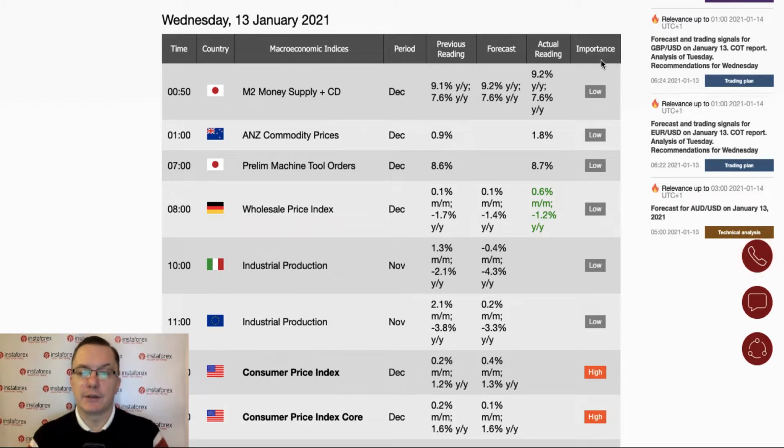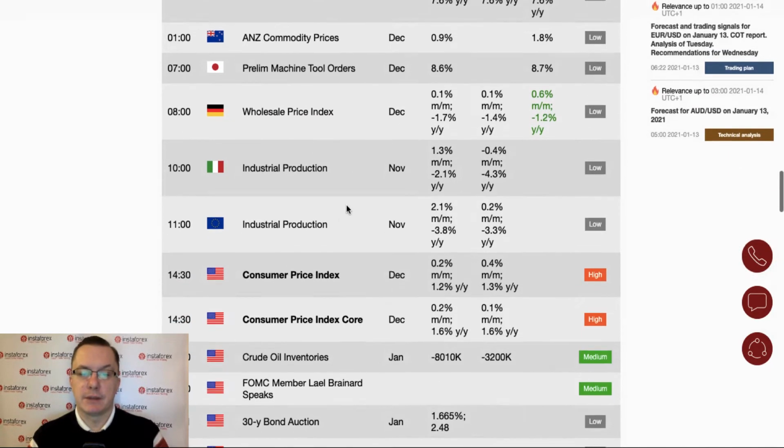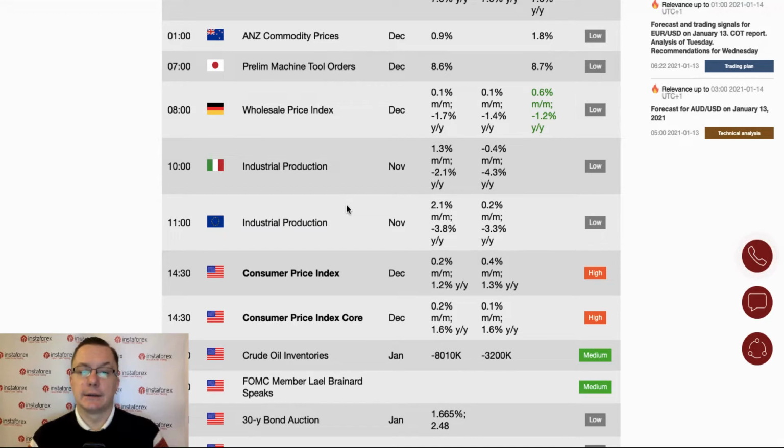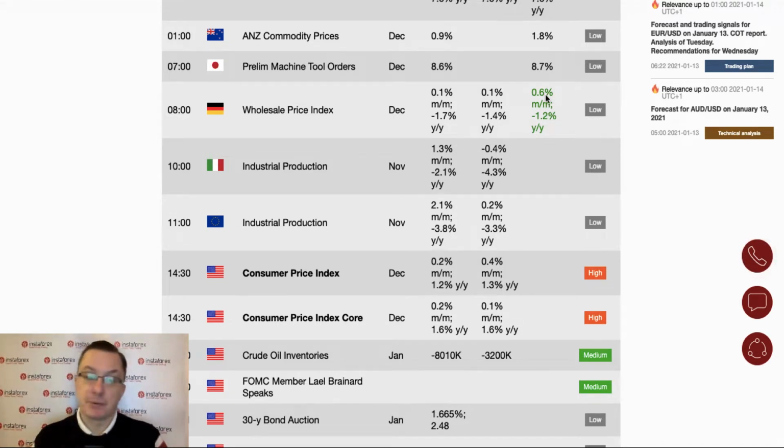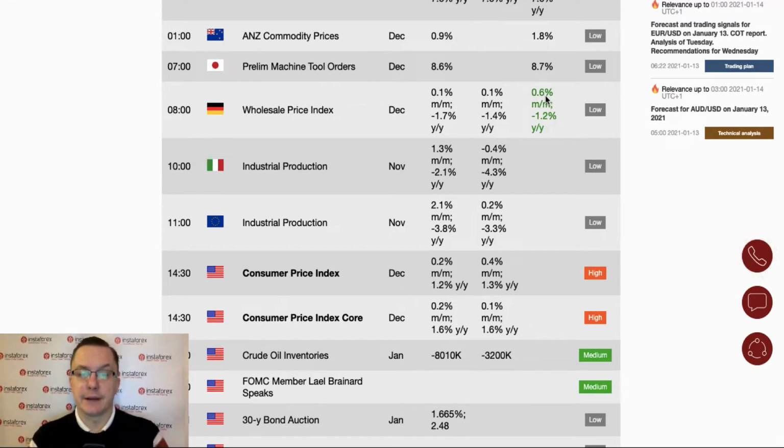It does not have much impact on the financial markets, and it looks like the first data that will be interesting during the London session will be the wholesale price index from Germany. It had been already released at 8 o'clock. As you can see, it beats the expectations. So the prices in Germany are rising 0.5% higher.